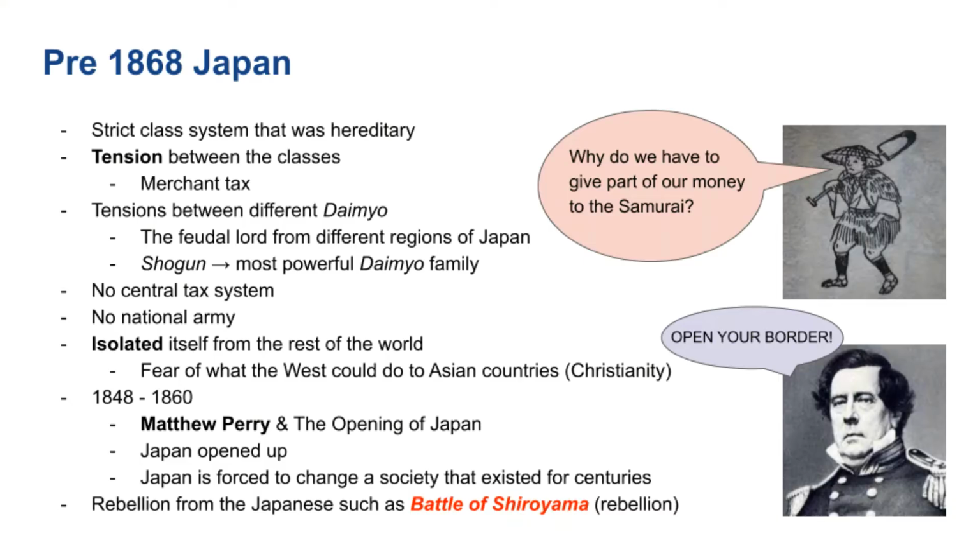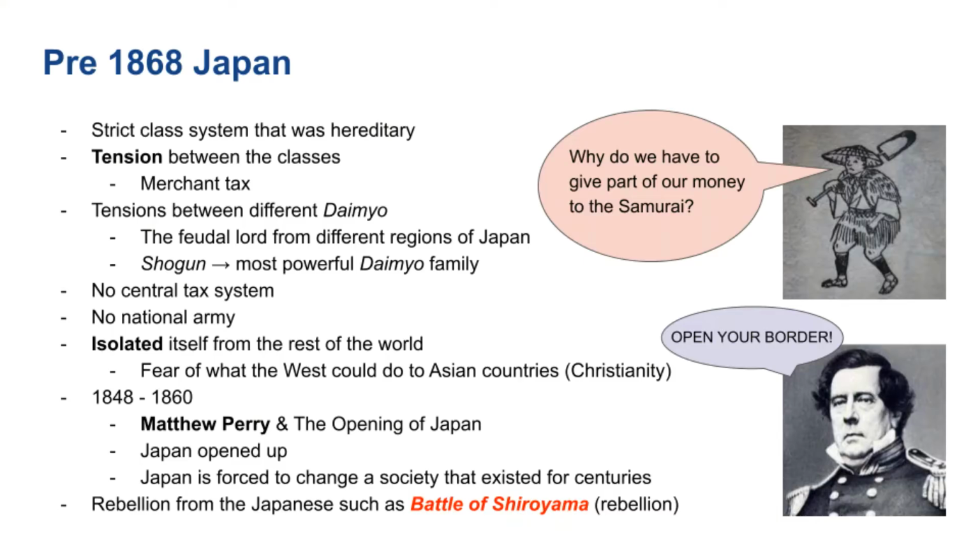Furthermore, Japan tries to isolate itself from the rest of the world. They do so because they fear that they will lose their independence to a foreign power and especially that Western powers might impose their values onto Japanese culture. Finally, Matthew Perry and the US Navy approach Japan and say, "Open your border!"